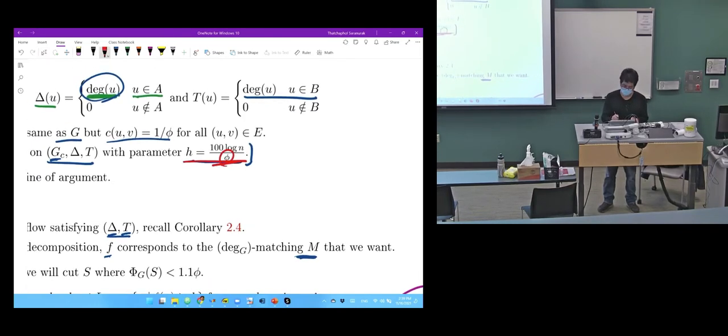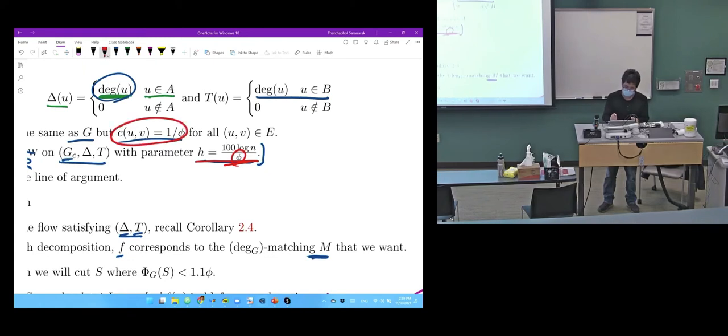Or why you set the capacity to 1/5? Which one? The goal for setting these parameters is that we want to either find a matching with flow value at least 1/5, or we do have a cut, with a gap of 1/5 between these two. Right?